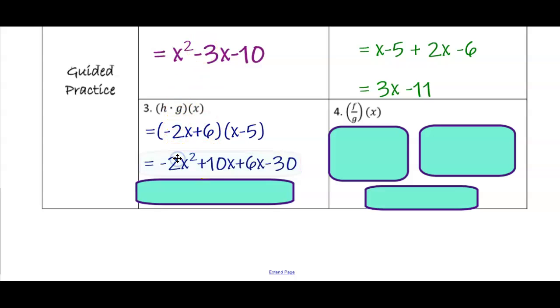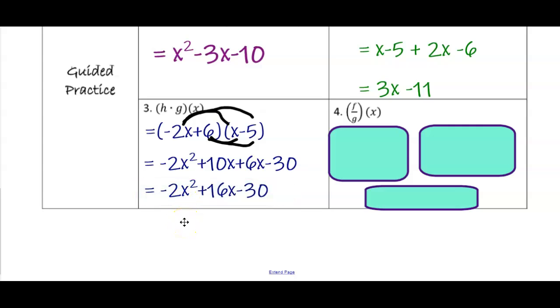When you do that, you end up with negative 2x squared plus 10x plus 6x and then minus 30. Then to get your final answer, you do combine like terms, and that does leave you with negative 2x squared plus 16x minus 30.